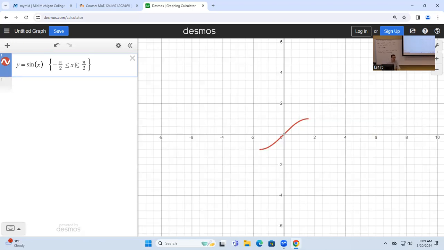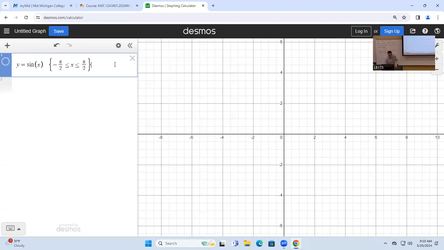I didn't have to worry about that when we were solving right triangles, because it was always going to be angles between 0 and 90. Does that make sense? 90 degrees. So all of our values went from 0 to pi over 2 in terms of radians, or 0 to 90 in terms of degrees. So I didn't have to worry about the domain and range too much.